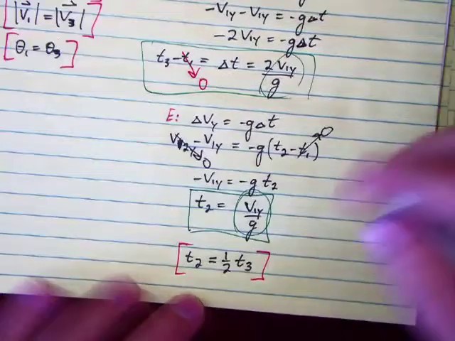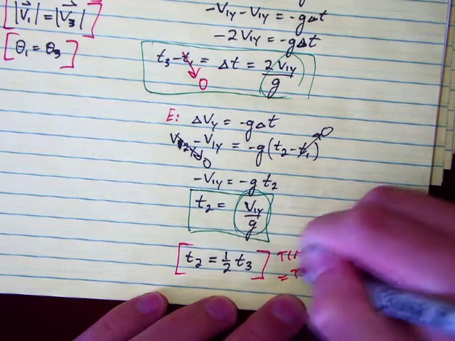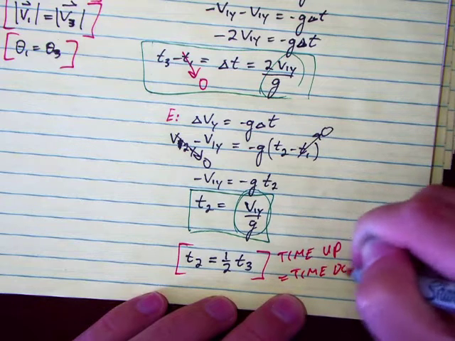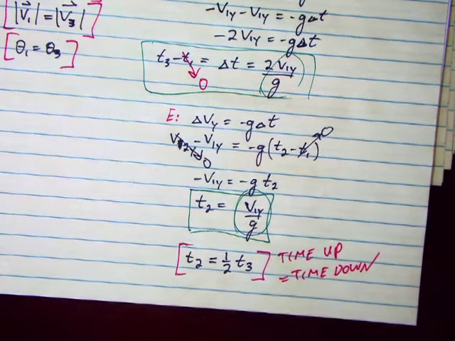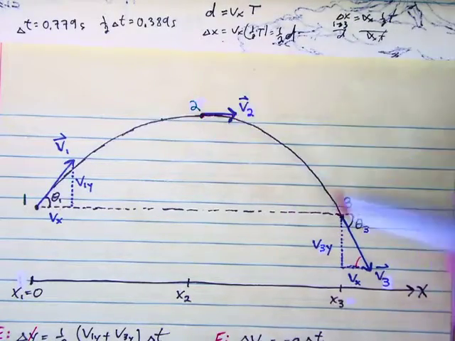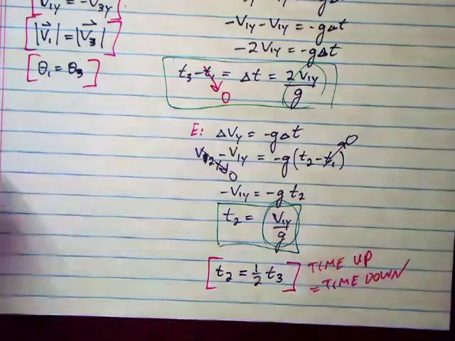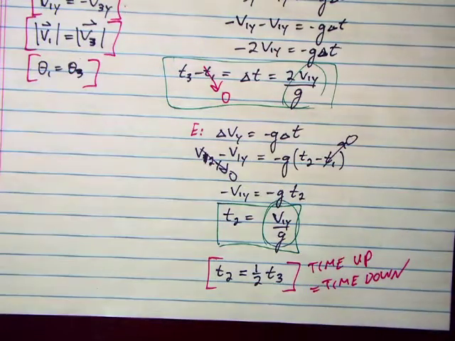Another way of putting that is that the time up is exactly equal to the time down. We just proved that the time it takes to get to the highest point will be exactly equal to the time it takes to get back down once again. Okay, another key conclusion about projectile launching and landing from the same speed. I've got one more to figure out here.